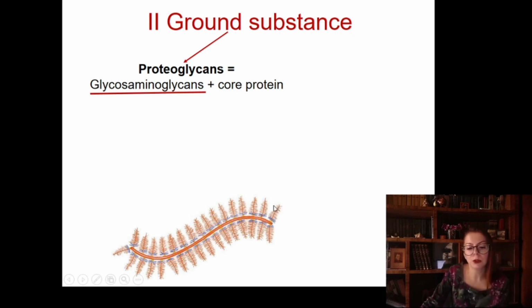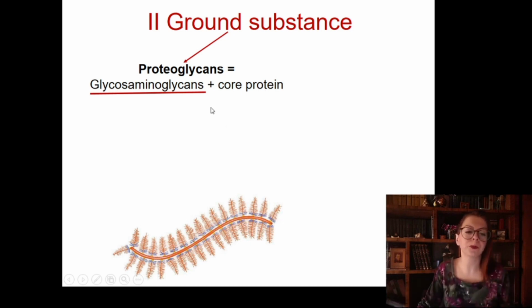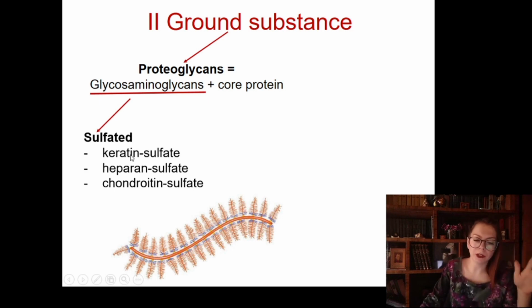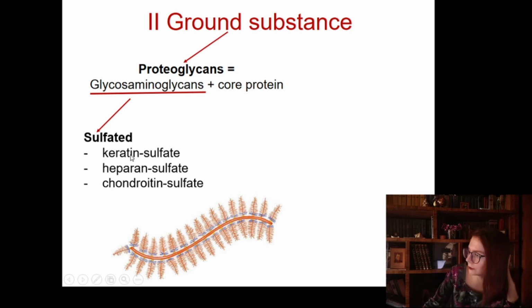That's why the molecule is called proteoglycan. Glycan because sugars predominate. Now, those glycosaminoglycans in this case are sulfated. And it is very important to say that those needles differ in their structure, and they are represented by three: keratan sulfate, heparan sulfate, and chondroitin sulfate, I'm sorry.